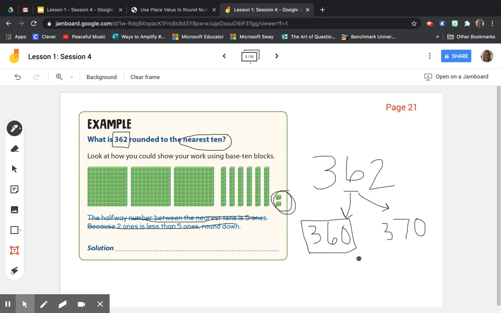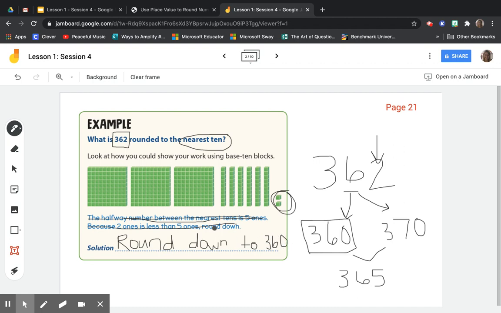I also know that if I look at the middle between 360 and 370, it would be 365. And I know that 2 is less than 5. So I would round, see how good I can write this, round down to 360.